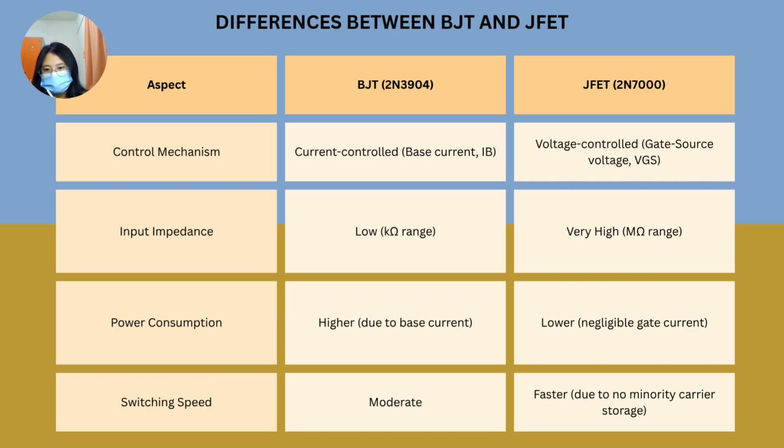Next is power consumption. BJT is higher due to base current and JFET is lower, with negligible gate current. And the last one is switching speed. BJT is moderate, but JFET is faster due to no minority carrier storage.